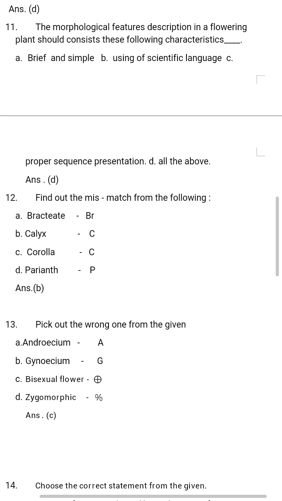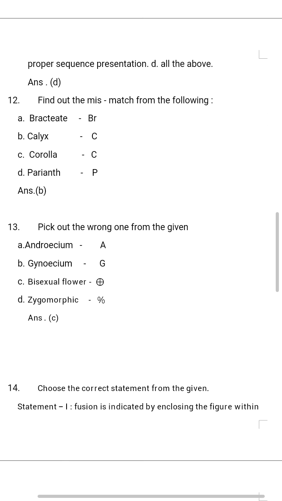We should also use scientific language wherever necessary, and proper sequence must be present. Proper sequence means right from habitat or habit till the last floral formula. This is an important concept for competitive examinations. So the correct option for this question is option D, all the above.